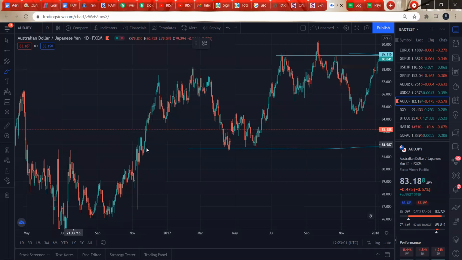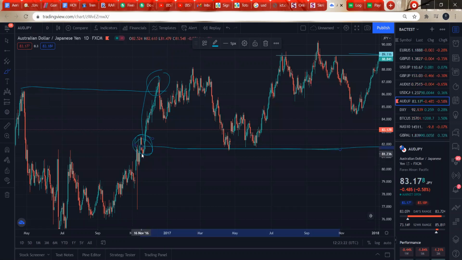The volume is here. You can see that this is good volume. And then it broke these tops, meaning that this market is going to push higher because this is a higher high now. So this move started from this order block, which is the last red candle before a strong upward move.